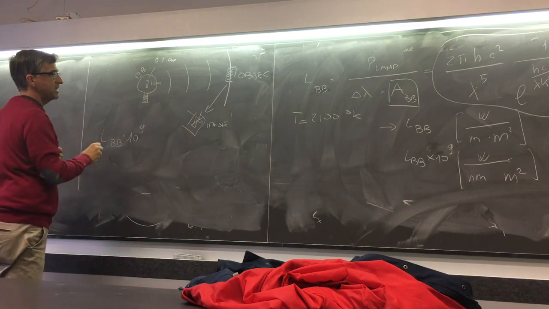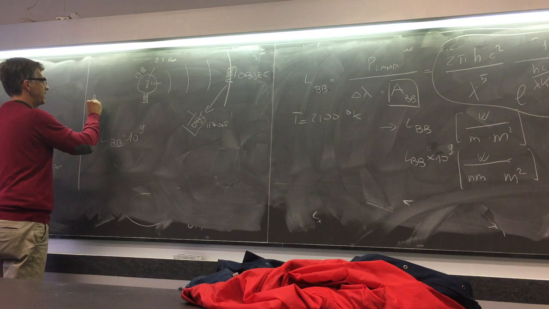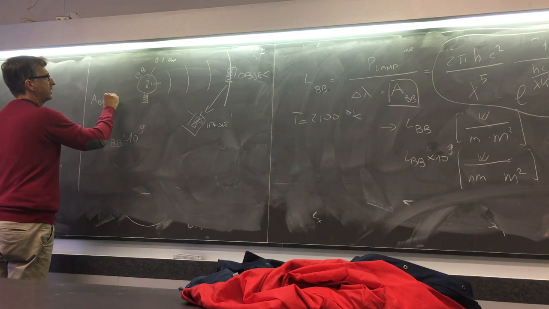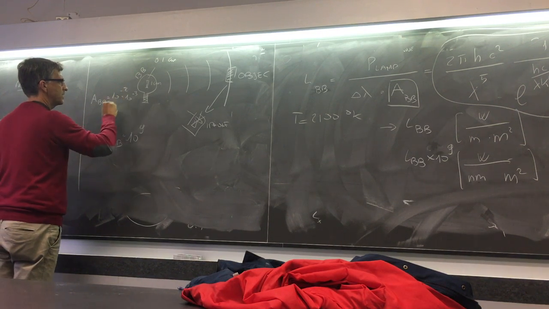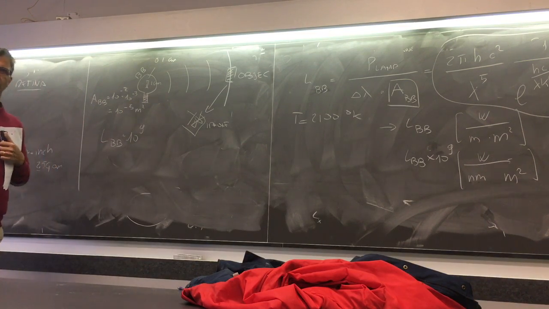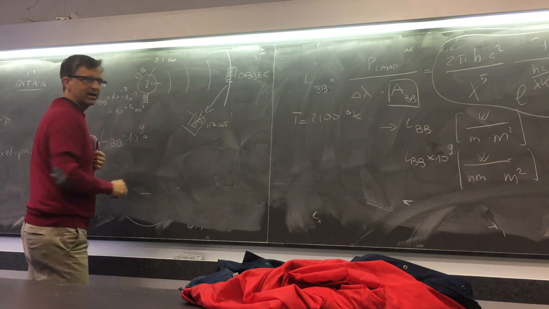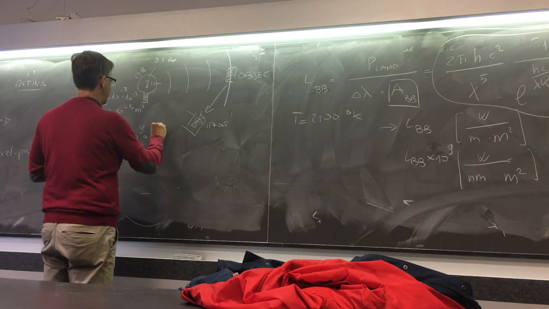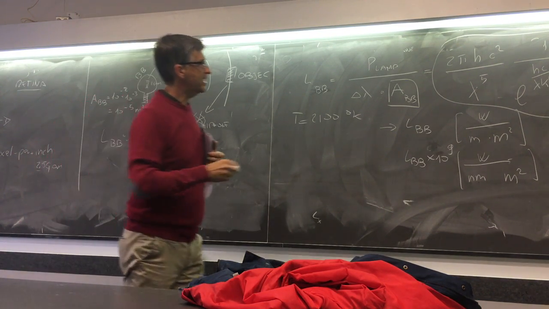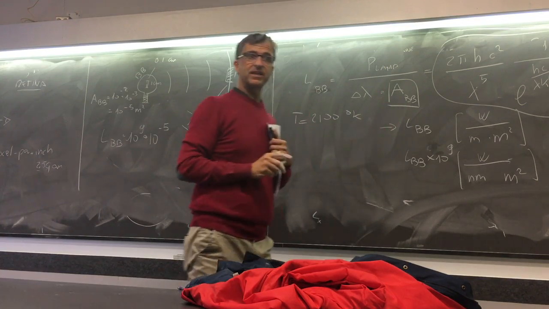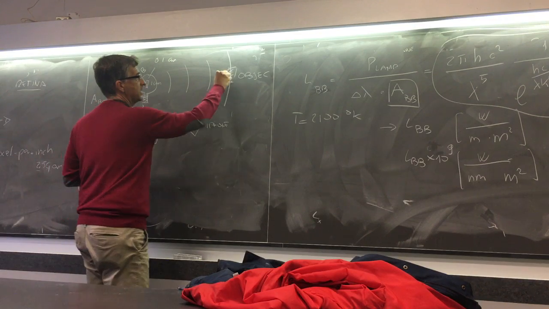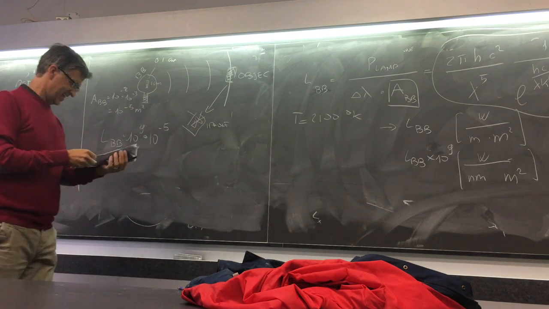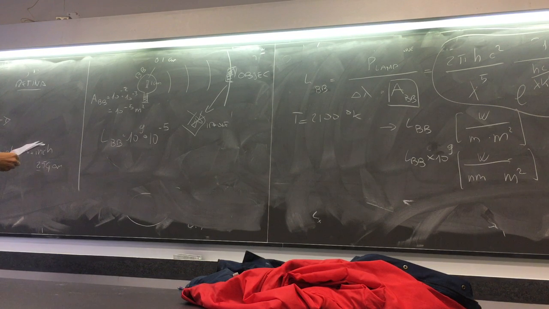By 1 centimeter, the ABB is 10 minus 2 multiplied by 10 minus 3, which is 10 minus 5 square meter. So I take LBB, I multiply by the area 10 minus 5, and I get the power divided by wavelength for a single element. The power divided by a wavelength.